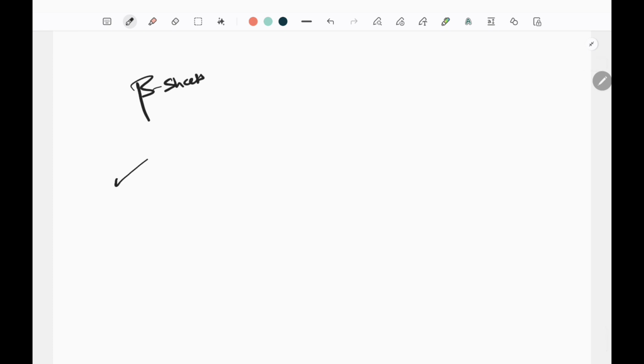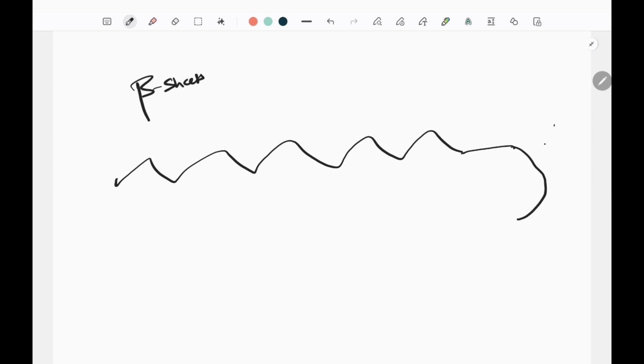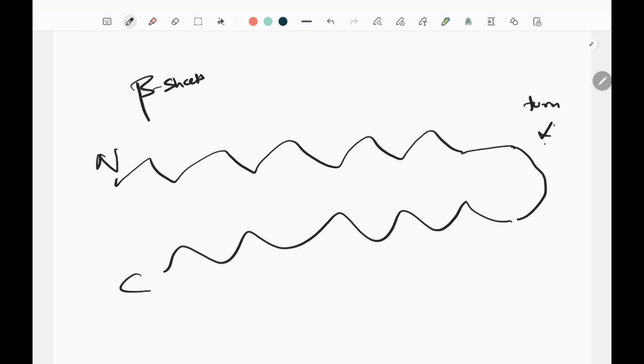So let's suppose this structure of the beta sheet is going on, and now there is a turn occurring here, right? So again a beta sheet can form. So the N terminal is here, the C terminal is here, right? So this turn is actually helping it get back in this direction and can form anti-parallel beta sheets.